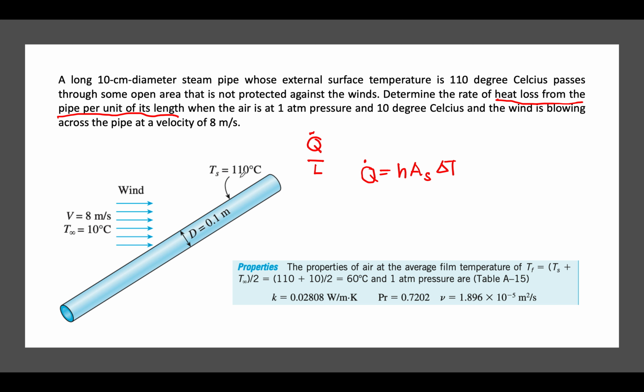Therefore, the heat transfer will be from 110 to 10 degrees Celsius, so heat transfer from surface to fluid. So your Q dot is h A_s (Ts minus T infinity). Okay, that is the equation.